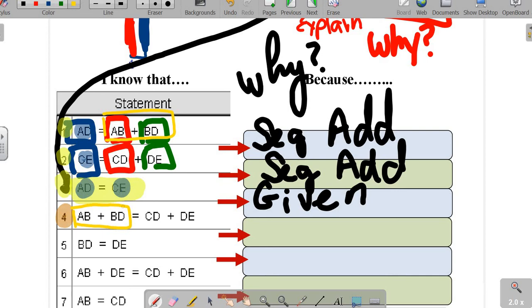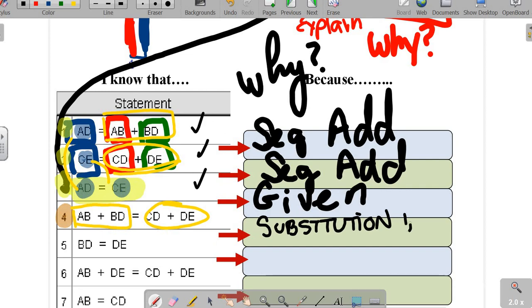We swapped out CE and we put in its place this. So we used step 3. We swapped out AD and put that in. We swapped out CE and we put that in. That is called substitution. And we used steps 1, 2, and 3 to substitute.